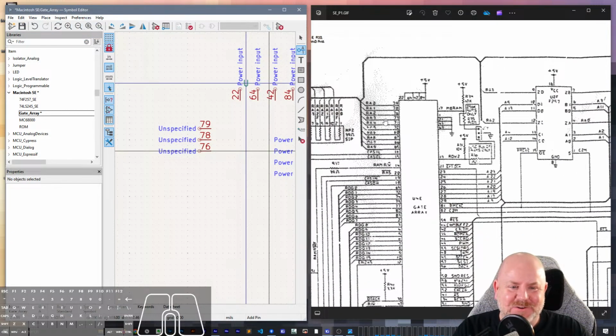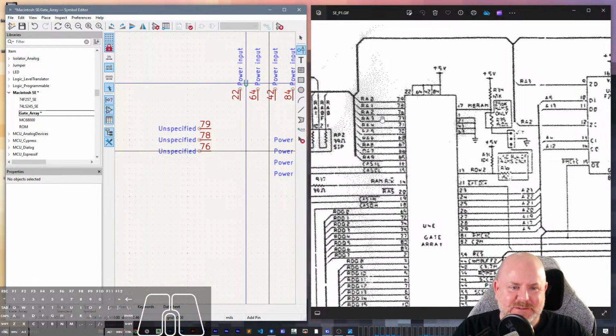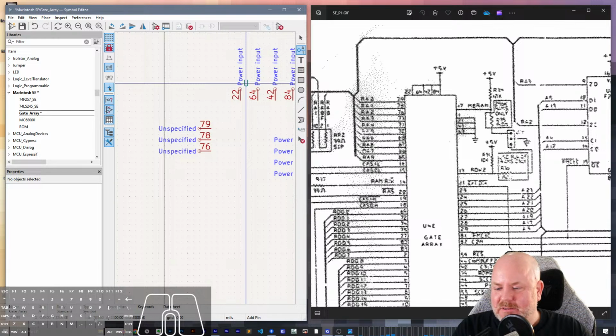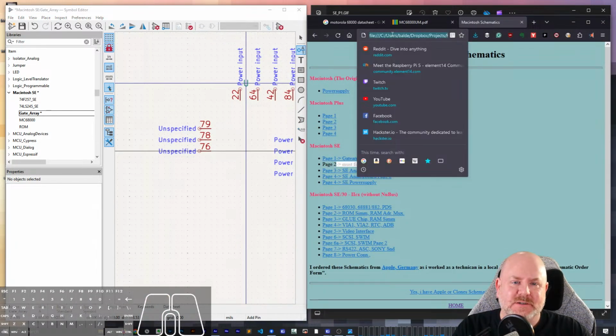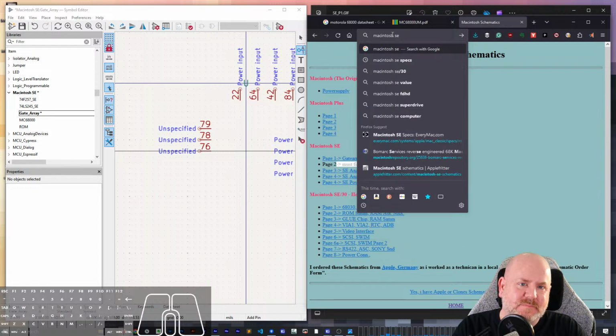This is not, it's so illegible. Like, should have done this earlier.